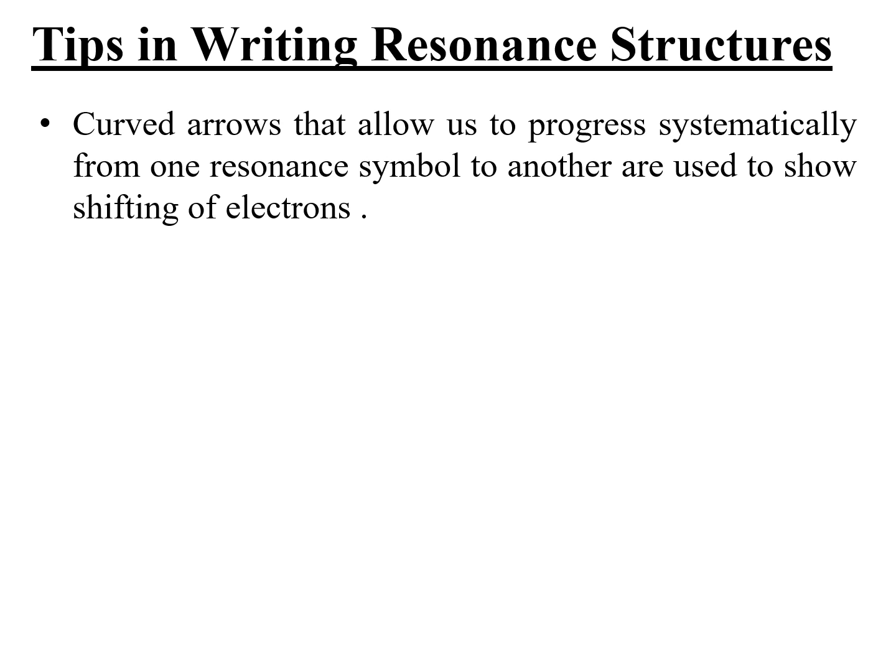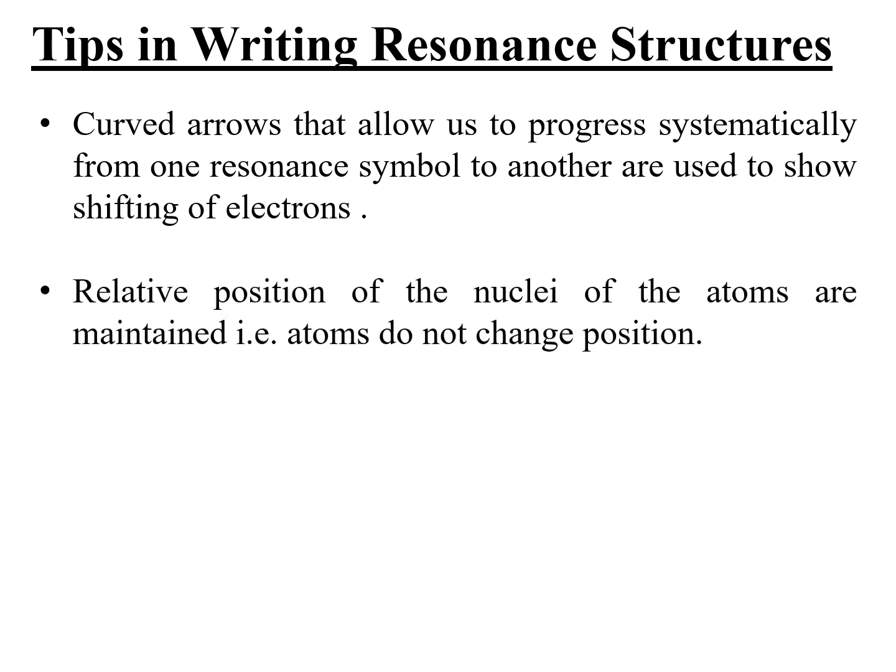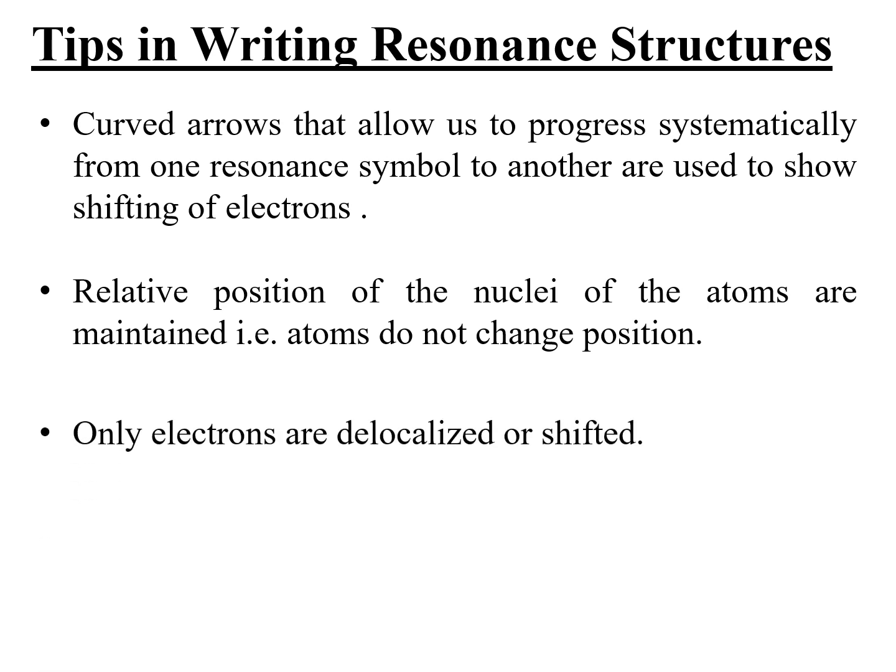What are the tips in writing resonance? First, curved arrows are always used to show the progress from one resonance structure to another. In terms of shifting of electrons, use curved arrows. It is also noted that the nuclei of these atoms are not moving. The atoms are not moving. It is only the electrons that move.